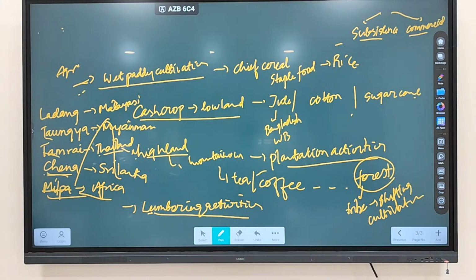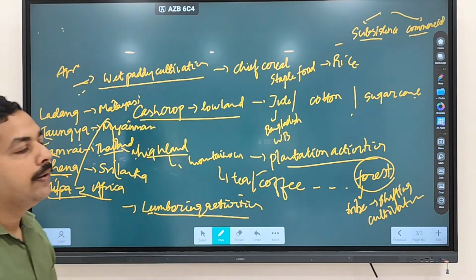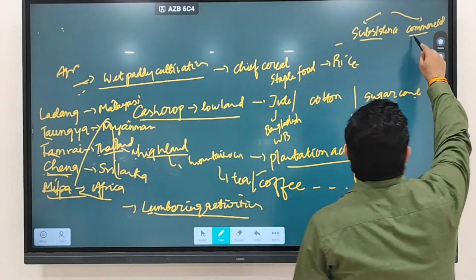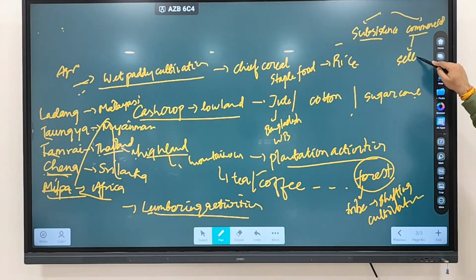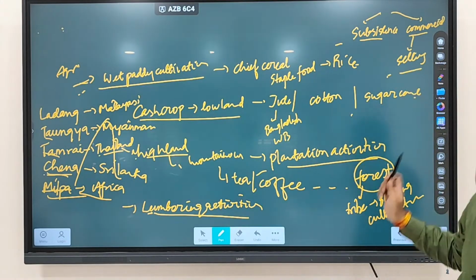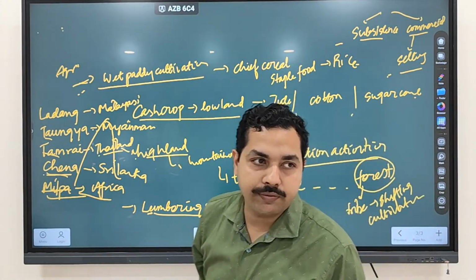That type of farming is referred to as subsistence farming. Any doubt regarding this? And those types of farming where you grow things for selling purposes, not for consumption, are called commercial farming.